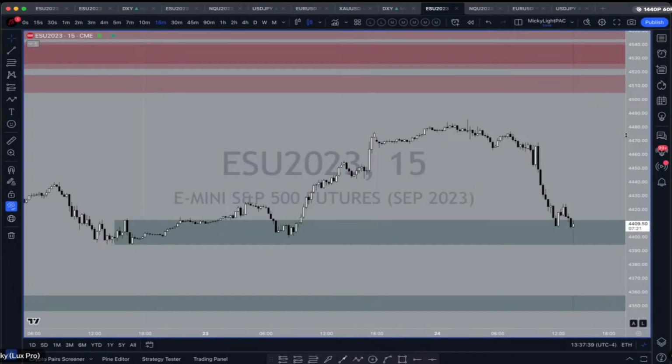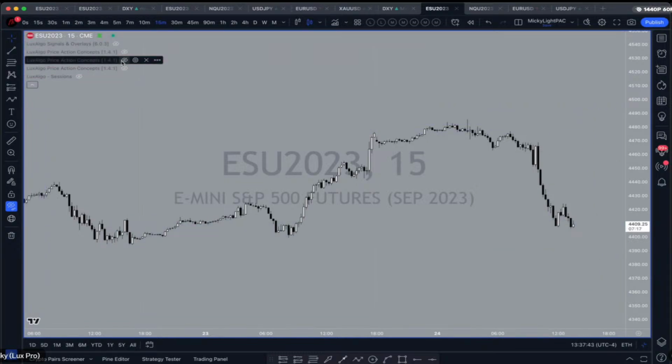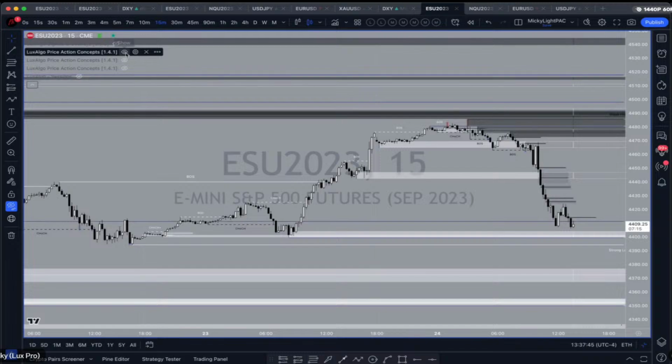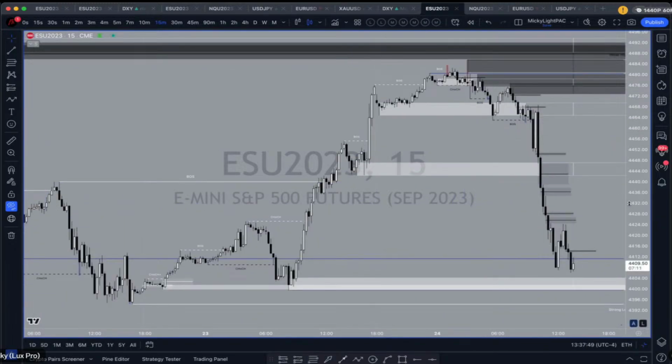Now, let's turn this off and enable price action concepts based on 15-minute candlesticks. And here are the order blocks and the structure changes. Okay.